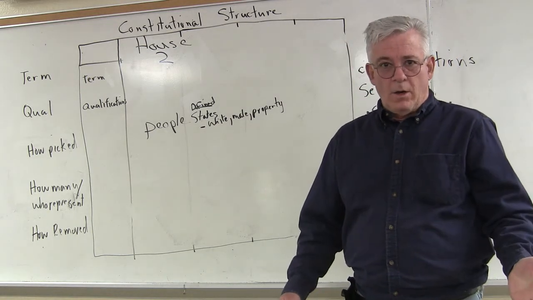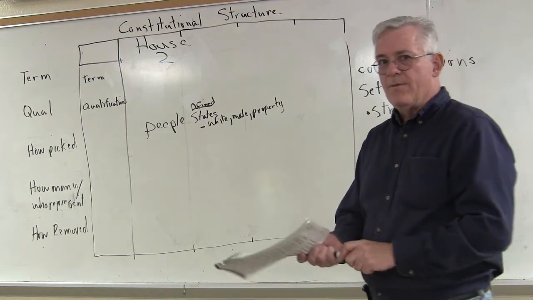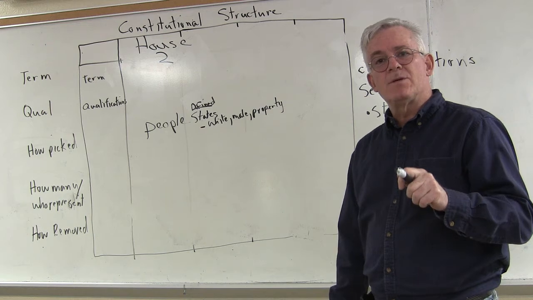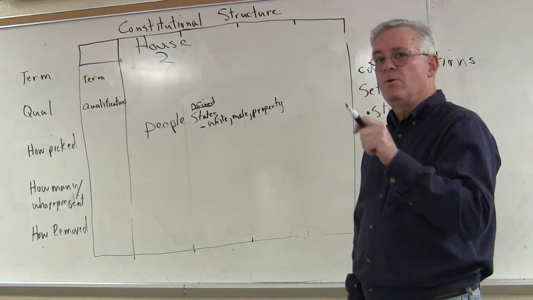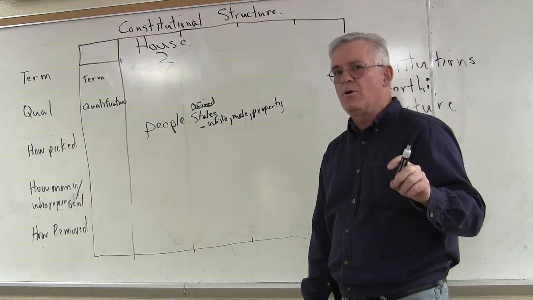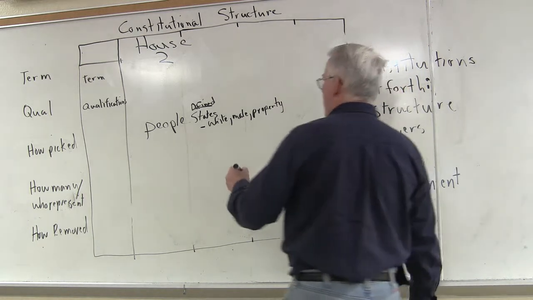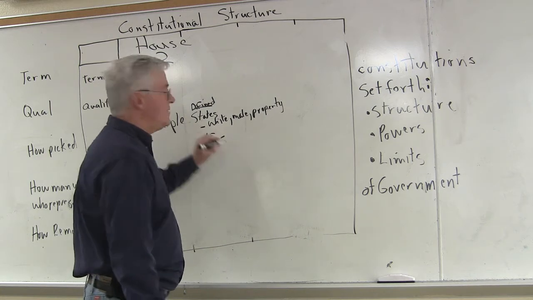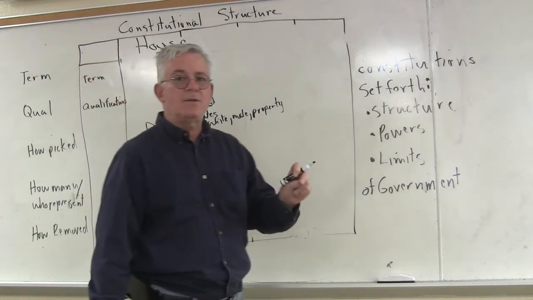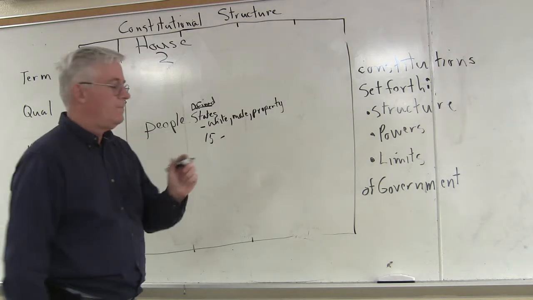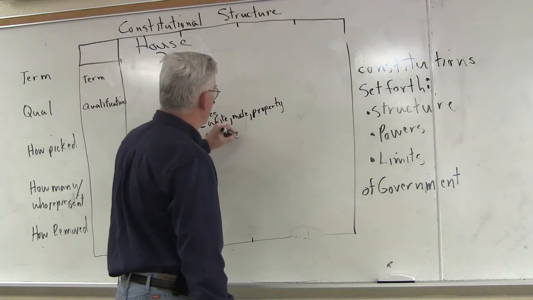Then we have a civil war, and what happens? We have the Civil War, and we start adding federal constitutional amendments that relate to voting. What are they? Which ones do you know? What was first? The first was the 15th. And the 15th said, you states can't discriminate on the basis of race.